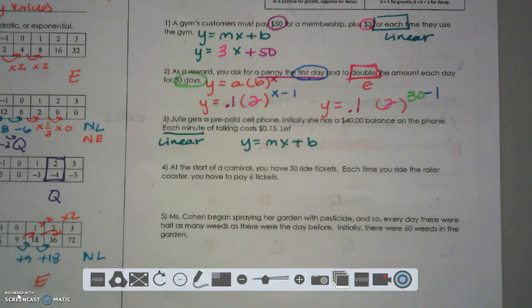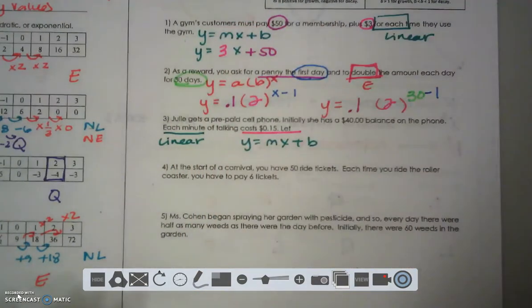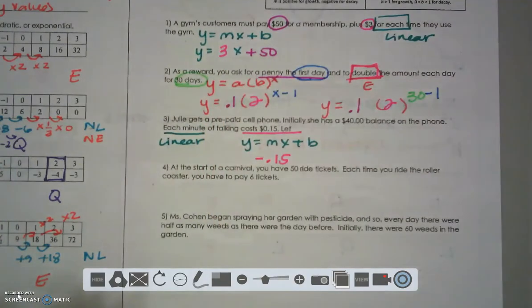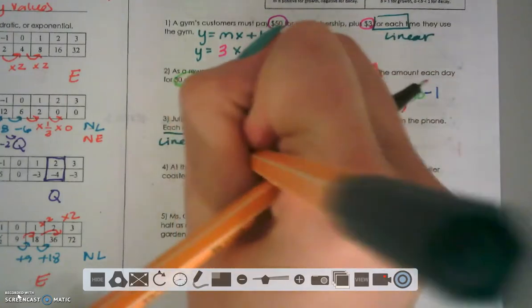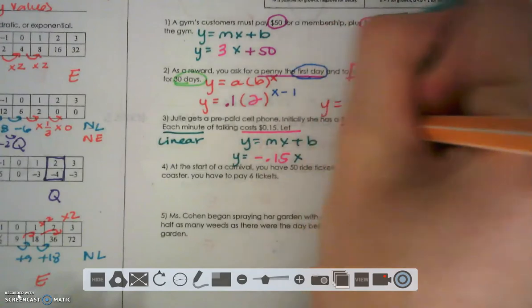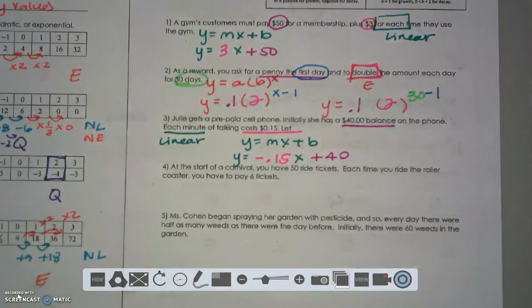I'm getting charged 15 cents every minute, so this is my slope. But if I'm getting charged something, I'm losing money, so my slope is going to be negative. My balance is what I'm starting off with. I'm starting off with $40 for my phone.